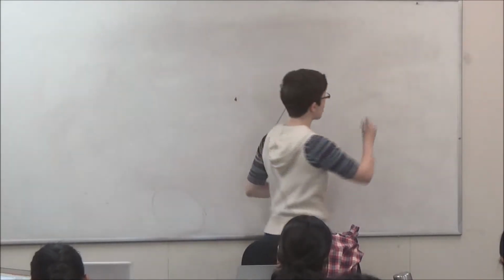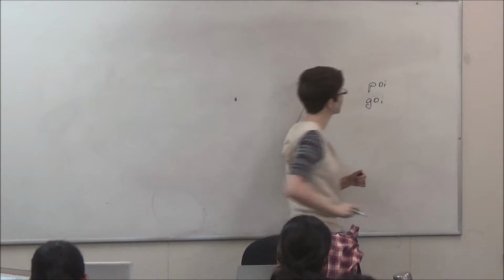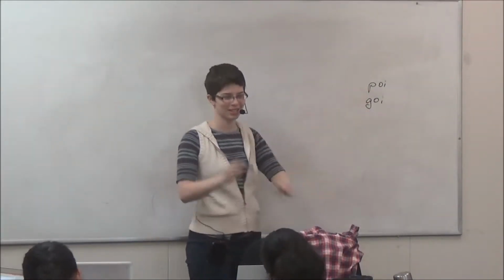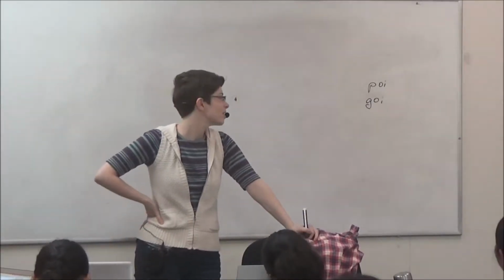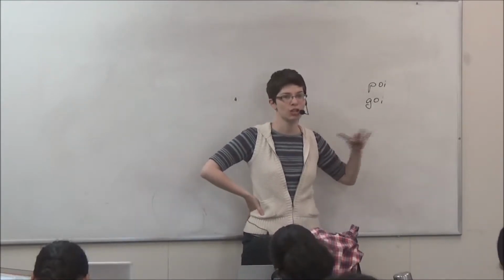We'll be talking a lot about POIs and GOIs. Protein of interest, gene of interest. I'm not saying that you will always see them written like this, but they will be set.